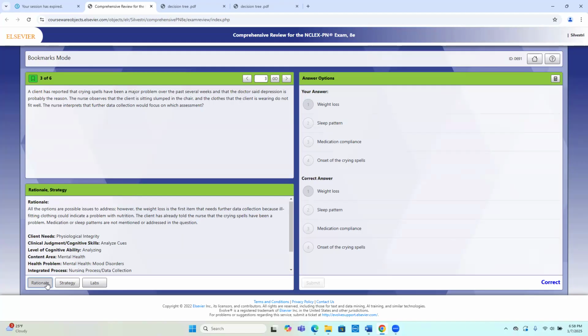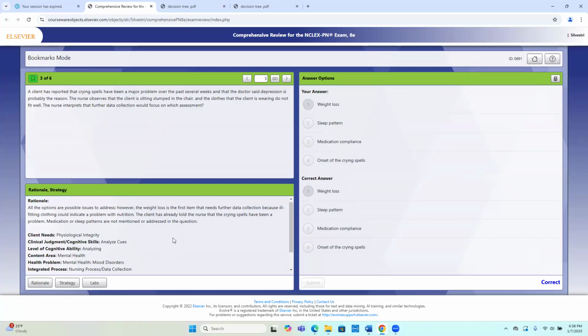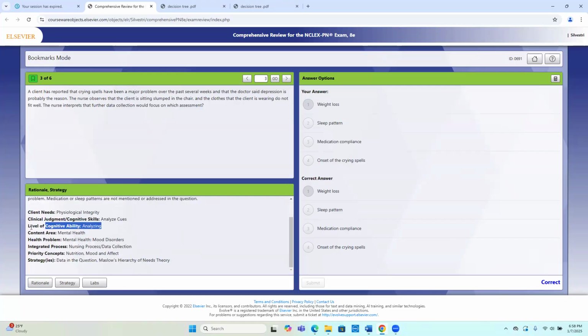The client already told the nurse that the crying spells have been a problem. Medication or sleep patterns are not mentioned or addressed in the question. So that's how it shows that it doesn't necessarily match. That's another way you could have eliminated those: it doesn't match what we said in the question. Let's look at what its cognitive level is: analyzing, right? So it's looking at your analytical skills.